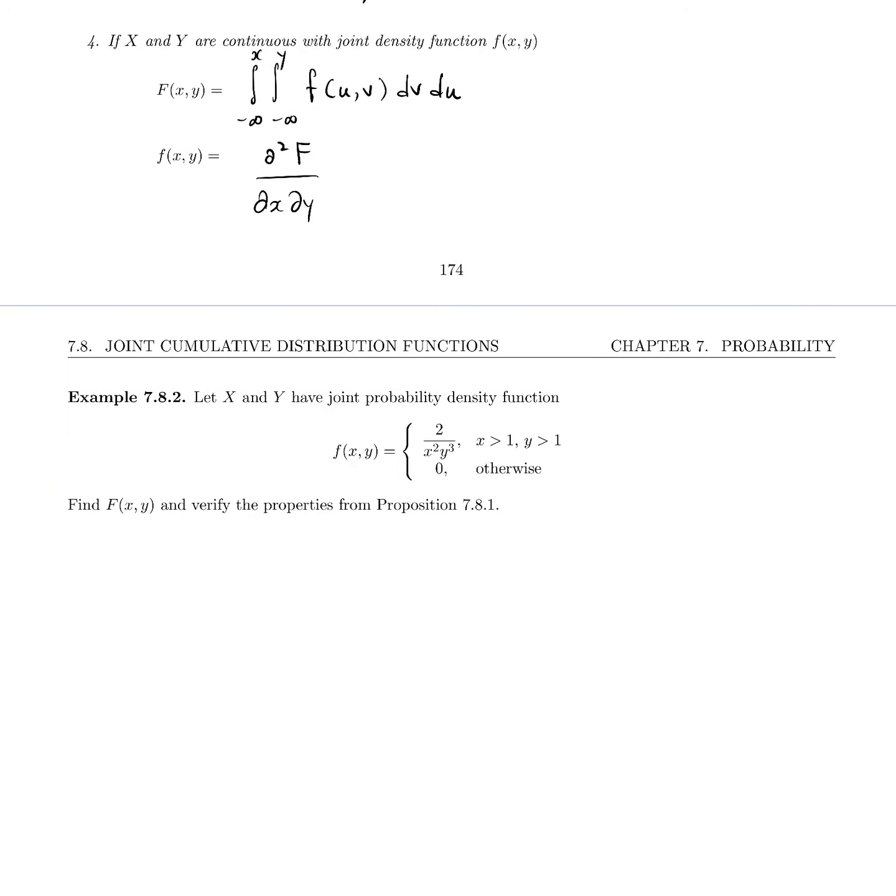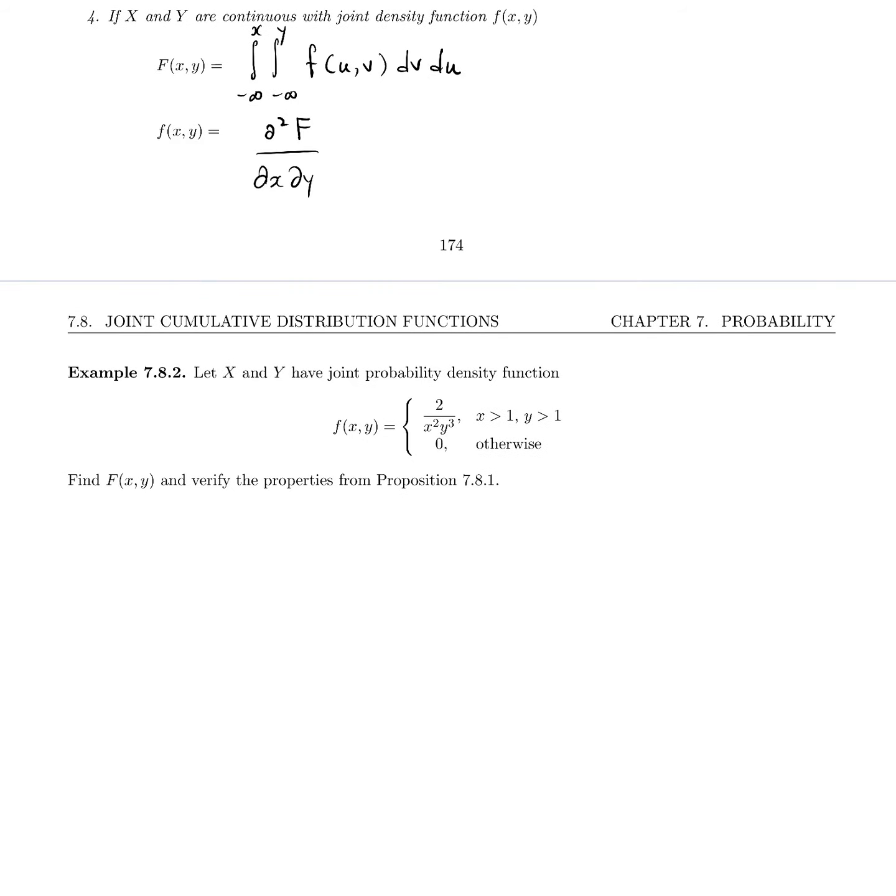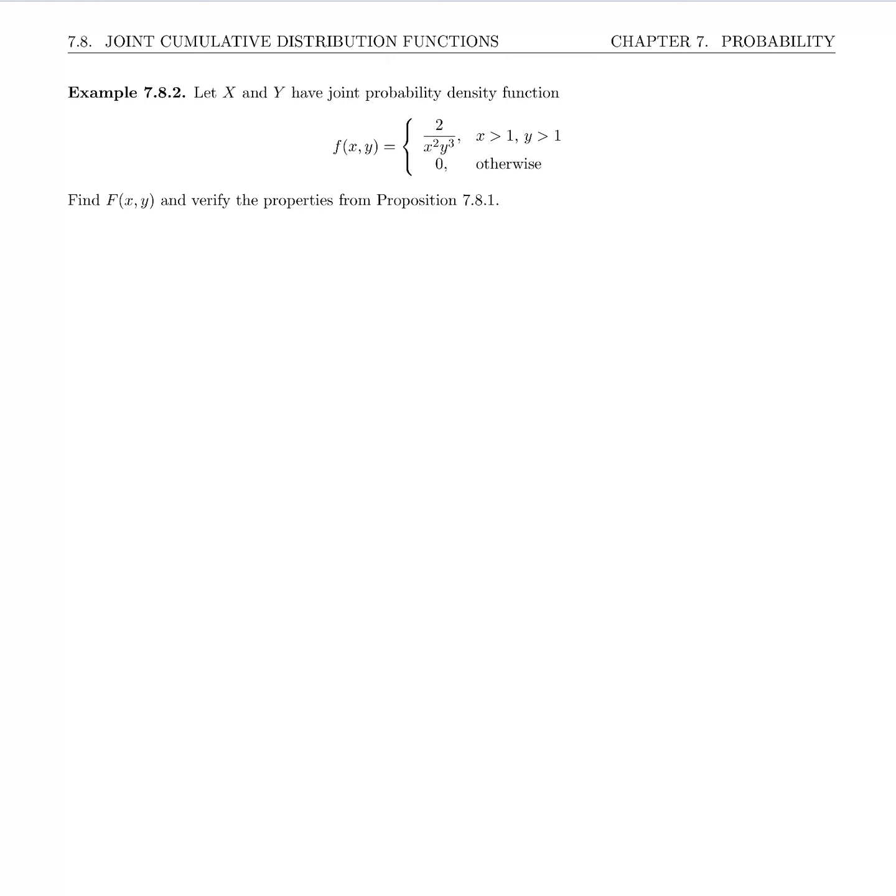The first one we are going to do is property 4, which actually tells us how to find the joint CDF and then how to double check our answer. This is actually a property of the fundamental theorem of calculus, not really of probability, but we will go ahead and check it anyway.